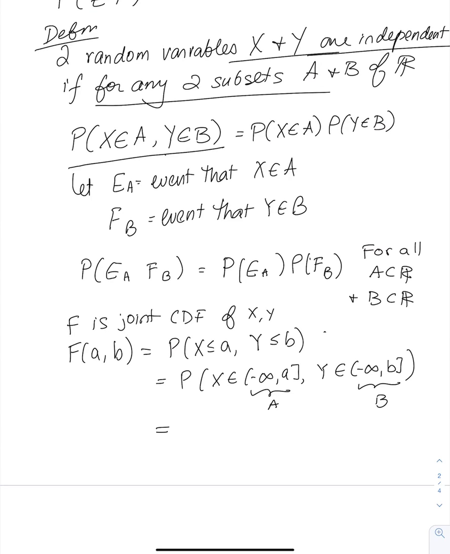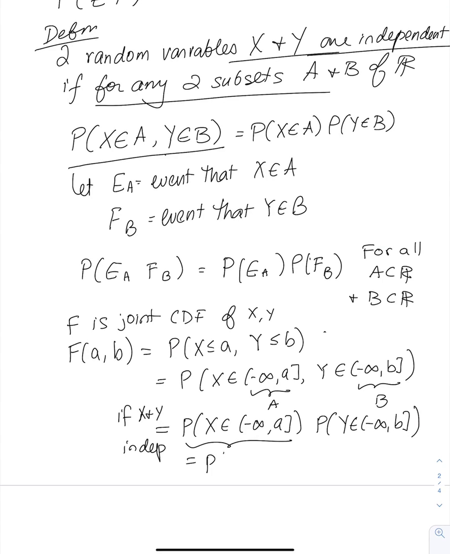And if X and Y are independent, then what will this be? This will be the probability X is in negative infinity to A times the probability Y is in negative infinity to B. Correct? And what is this? This is just the probability X less than or equal to A times the probability Y less than or equal to B. So you can rewrite this as F sub X of A times F sub Y of B. So that's a nice thing.